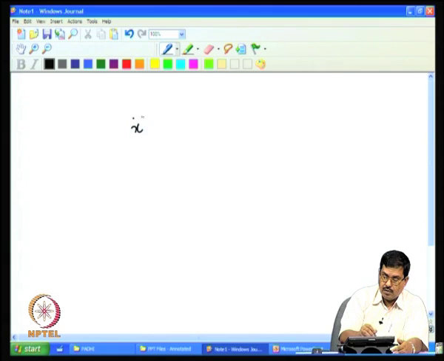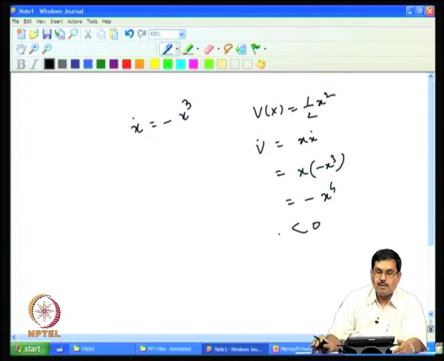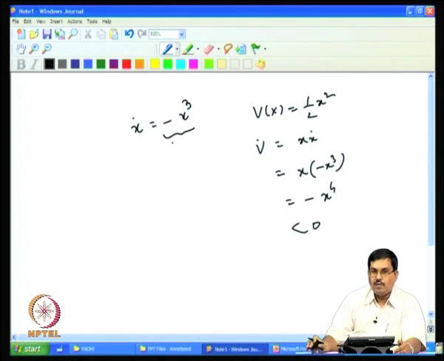For example, let us say x dot equal to minus x cube, then corresponding to that let us say Lyapunov function, just half x square, then V dot happens to be x dot, this is nothing but x times minus x cube. So, it is negative of x fourth. So, it is actually a negative definite function. Okay. So, any odd power of x with a negative sign here will be actually a stabilizing term.